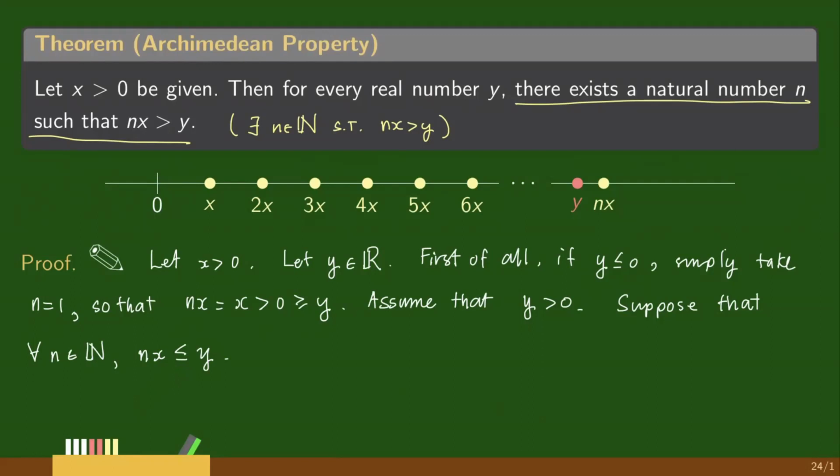Paano magiging false yun? False yun kung for every n that you propose, yung nx does not exceed y. Naintindihan niyo? Tama ba? Kahit na anong gawin mong n, never mag-exceed yung nx sa y. Yun yung negation. Did you understand? So parang nagmamatch siya. So maybe the way you negate statements is correct. That's one way to verify.